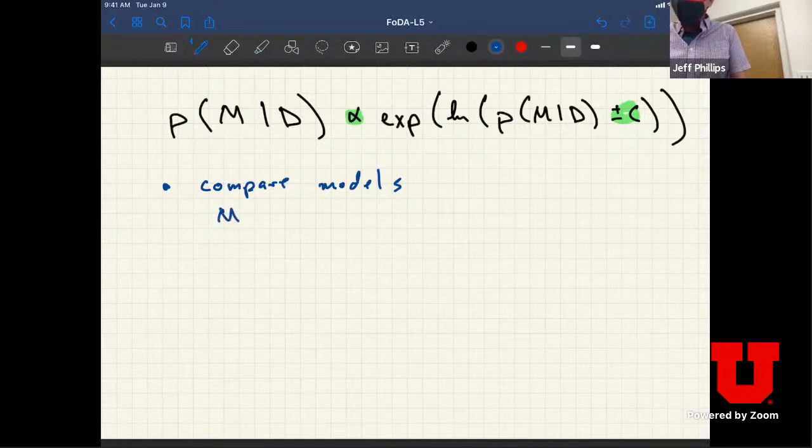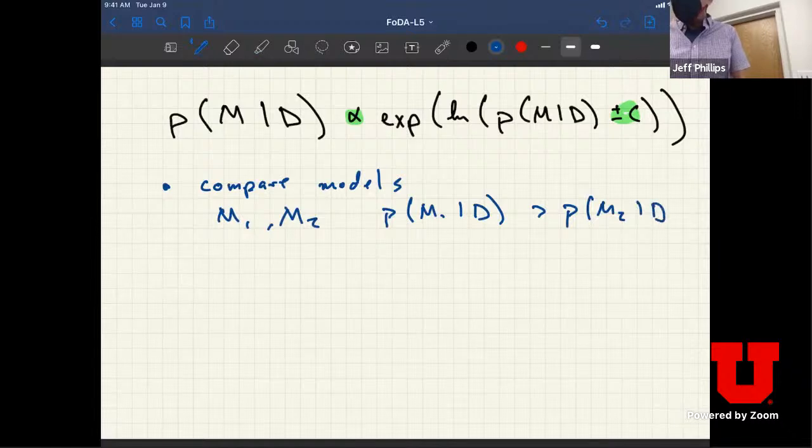I can say I've got model 1 and model 2, and I want to say which one is more likely. I could already do that. I could say P of M1 given D is greater than P of M2 given D, and I can say that M1 is a more likely model.